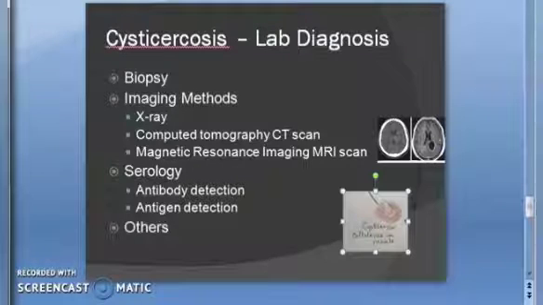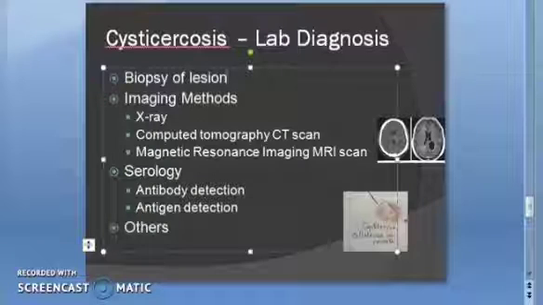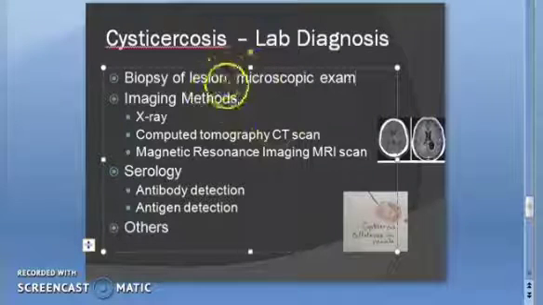Lab diagnosis of cysticercosis. Quickly let us look at it. So basically biopsy, right? Biopsy they will do of the lesion, subcutaneous lesion, muscle, everything. On microscopic exam, what you will see?